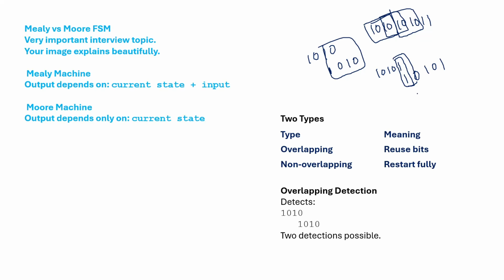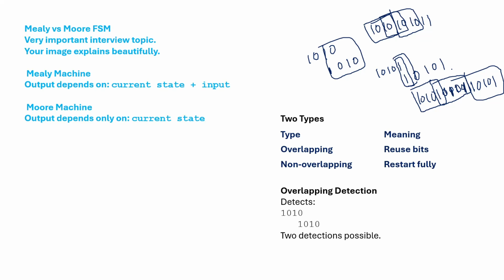So for overlapping, suppose 1 0 1 0 1 0 1 0 1. How can you detect this? 1 0 1 0 1 is one pattern, again 1 0 1 0 1 is another pattern, and again 1 0 1 0 is another pattern.